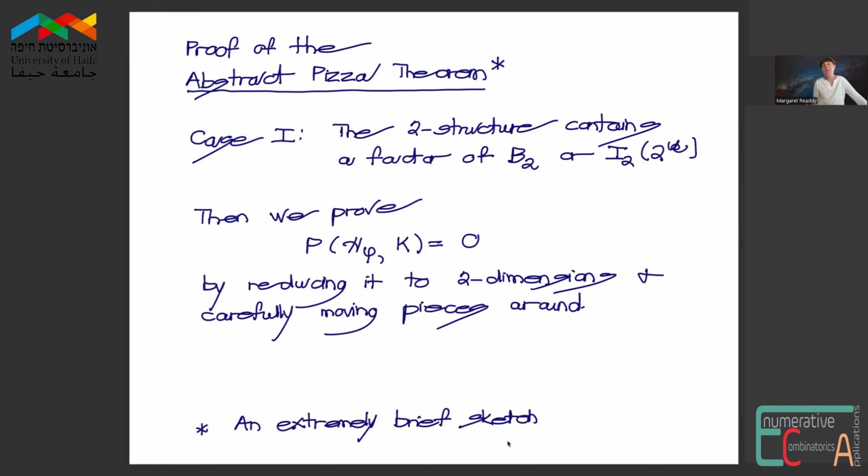Okay, so let me say something about the proof, just a very, very brief sketch, because there's a lot going on here. The first case is that the 2-structure contains a factor of B2 or I2 of 2 to the K. In that case, we prove the abstract pizza quantity is 0 by, remember, we're dealing with these product arrangements, so we can reduce it to the 2-dimensional case, and we have to move pieces around.